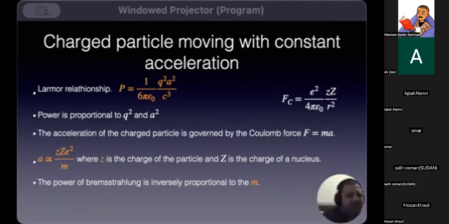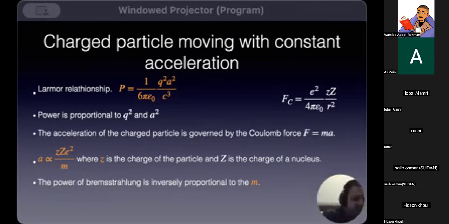Of course, we're ignoring the electron-electron interactions. We're just focusing on the electron-nucleus interaction. So it will depend on the charge of the nucleus, the charge of the charged particle, and be divided by the mass of this charged particle.